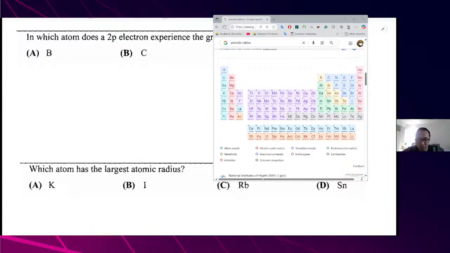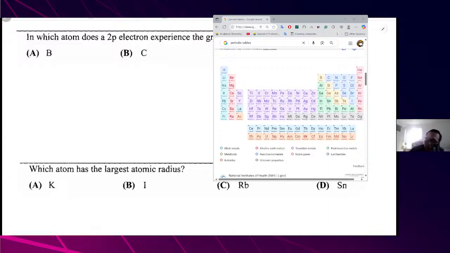So question number 8: in which atom does a 2p electron experience the greatest effective nuclear charge, or Zeff? Okay, so this question is asking which atom has the strongest pull from the nucleus on its 2p electron.